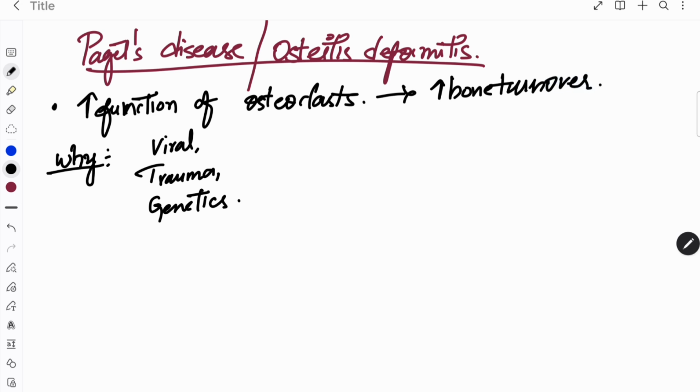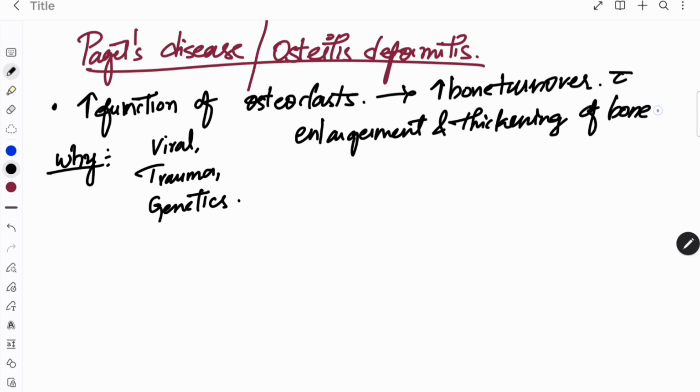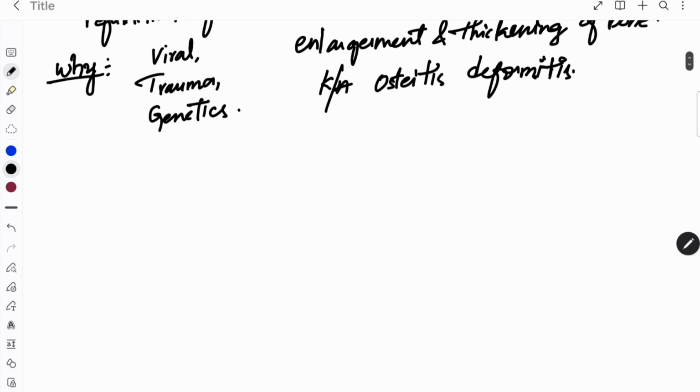That is, resorption increases and osteoblastic activity also increases, leading to what? Enlargement and thickening of bone, known as osteitis deformans.